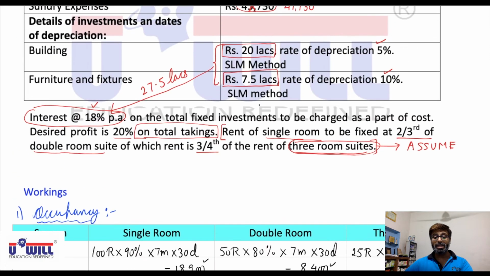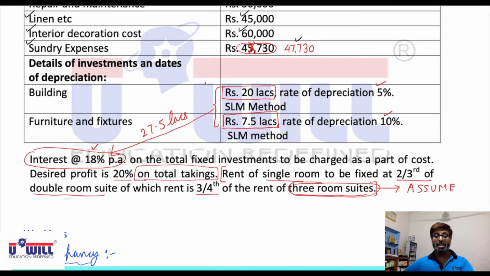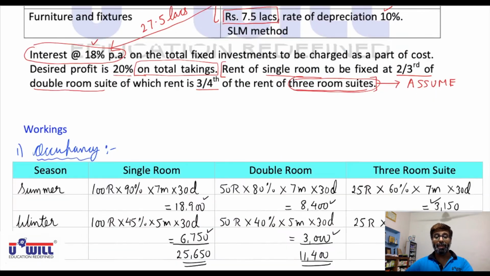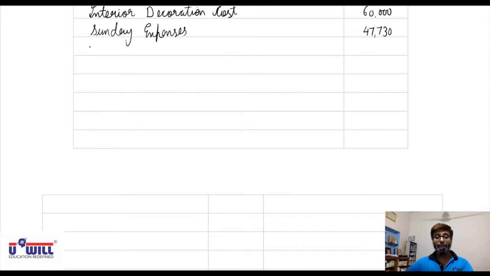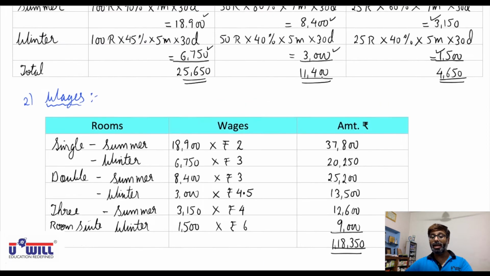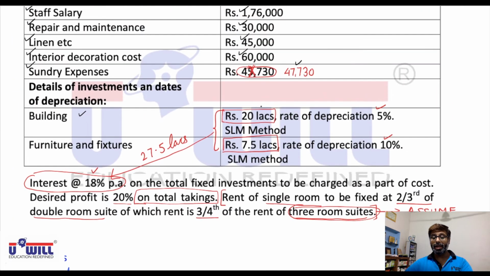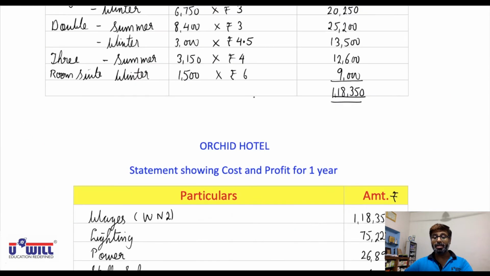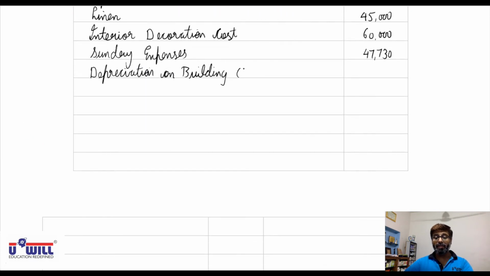Then after sundry expenses, we have depreciation. Depreciation on building. Now building is of 20 lakhs and depreciation rate is 5% by straight line method, and we are making the statement for full 1 year.